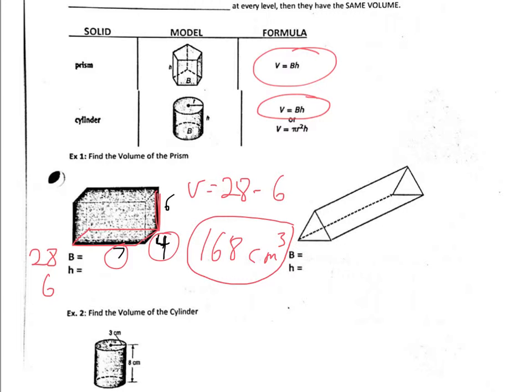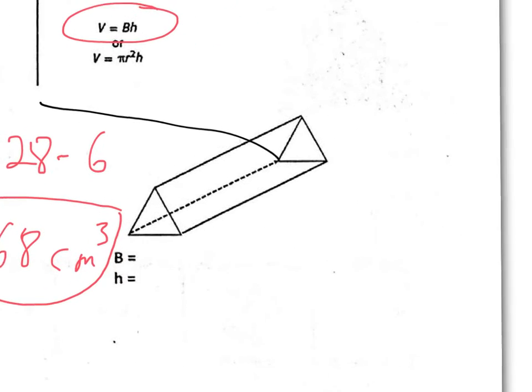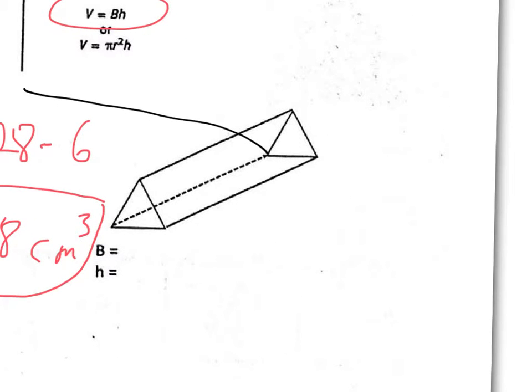All right, looking at this triangular prism, no numbers here as well. I'll give you 20 there. We'll say that it has a side of 4 and it has a height of 6. So we have to find the area of the base, the triangle. We end up with a triangle that has a base of 4 and a height of 6.